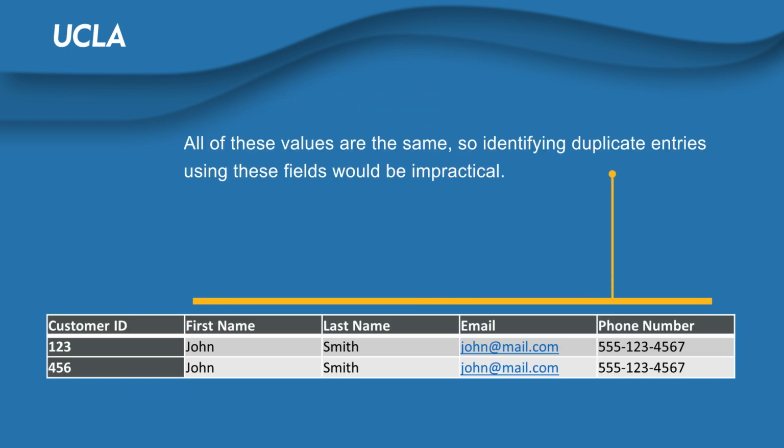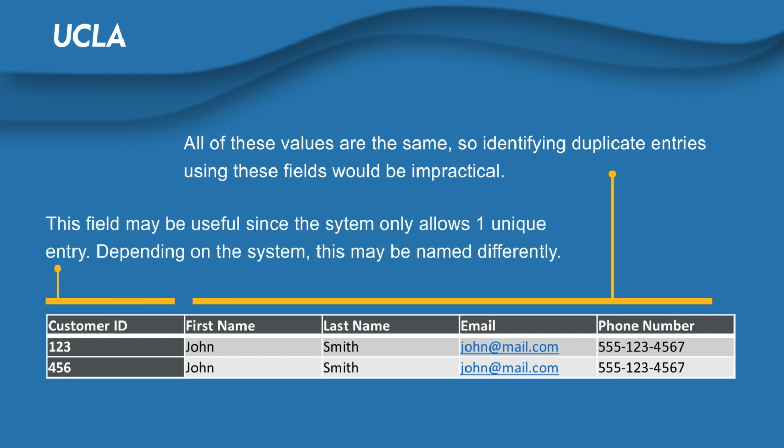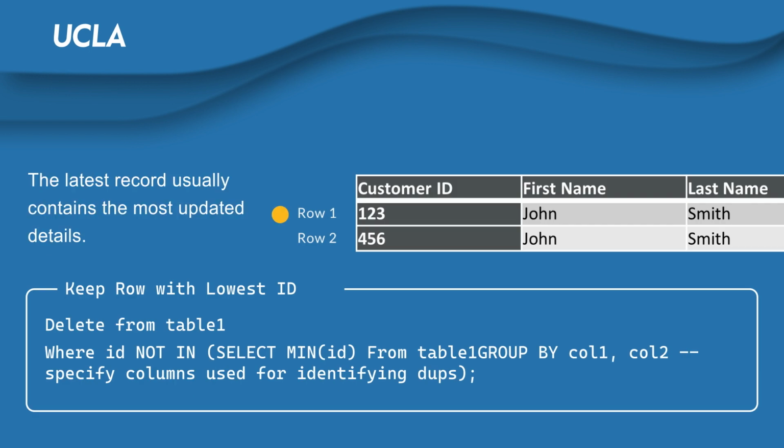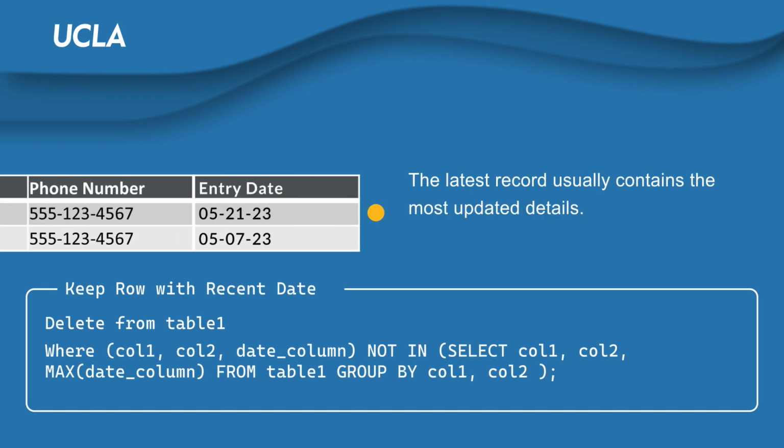When trying to consolidate these entries, first identify key fields you plan to use that are unique to the entry, like a primary key. Then search for duplicate entries in a single column, like person ID, that returns multiple results. You can remove entries by keeping the one with the last occurrence by using the row number with the lowest ID number or with the most recent date.